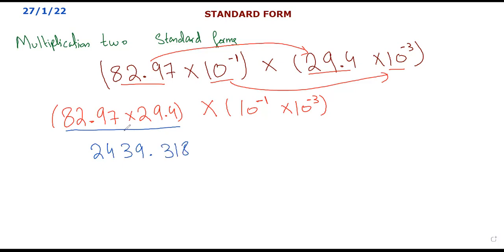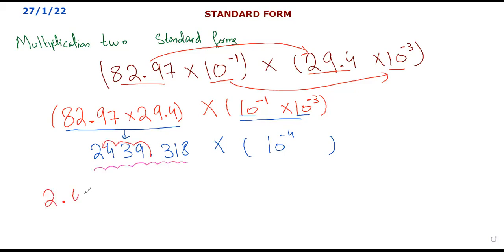For this, the bases are the same, so the power is minus 4. Very good, 10 to the power minus 4. And is this number in standard form? No, it is not. So we have to move this decimal 1, 2, 3 units to the left.